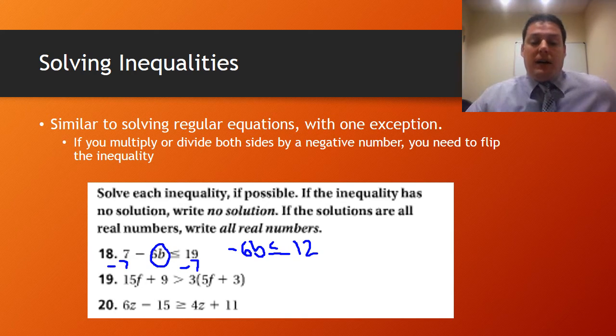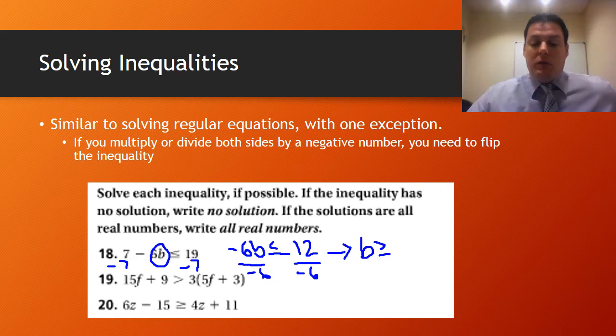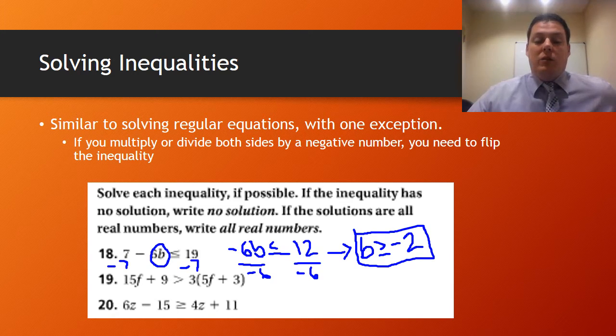And then we divide by -6. And when we divide by a negative, we flip the sign with inequalities. So that turns into b is greater than or equal to -2. And then that is your answer. We isolated b, we flipped the sign because we divided by a negative number, and we moved on.